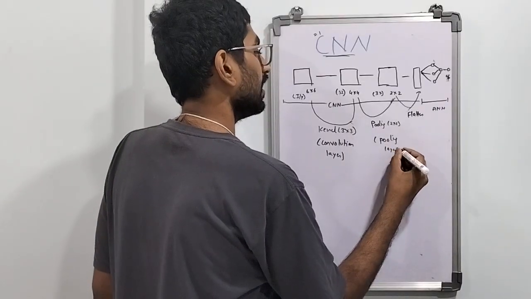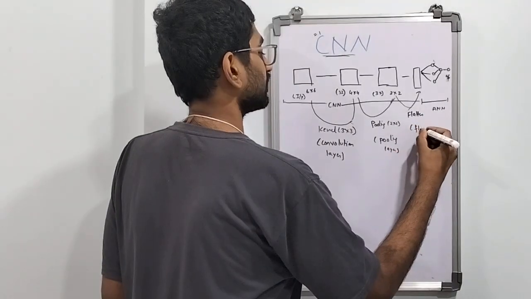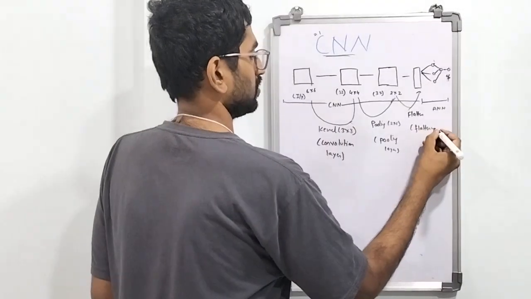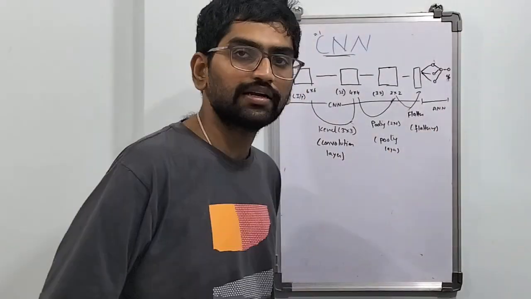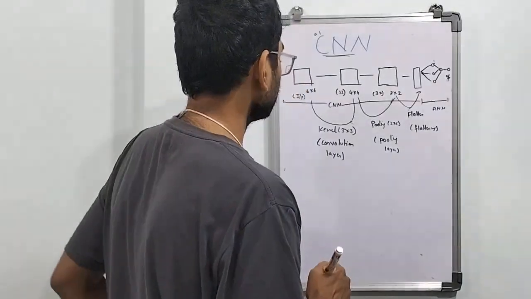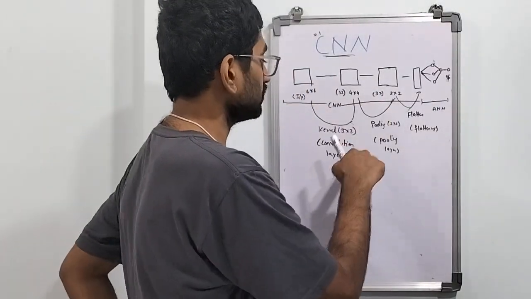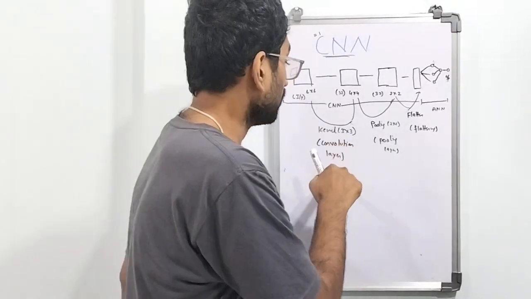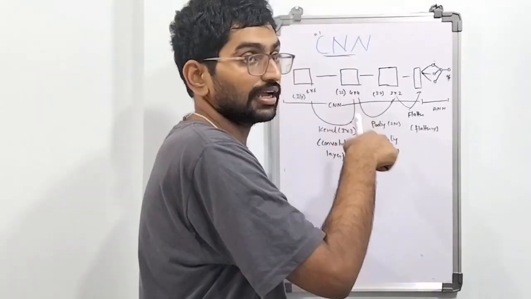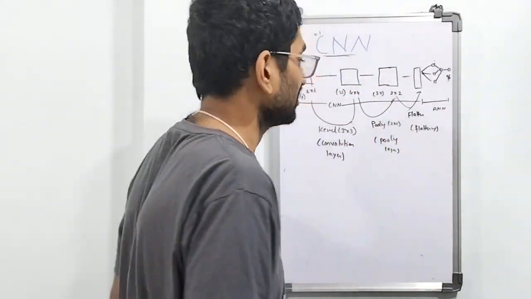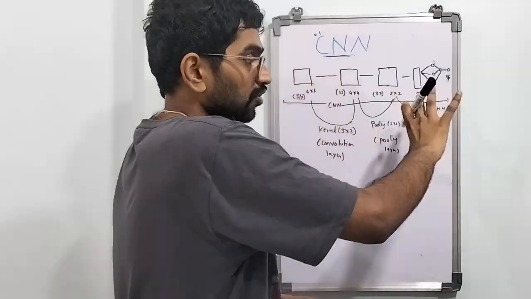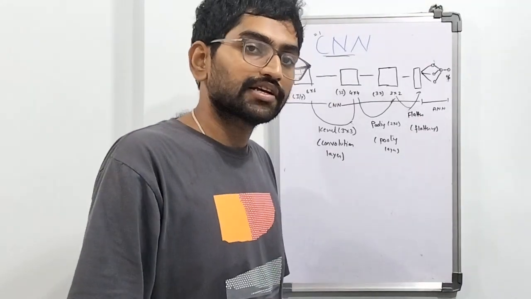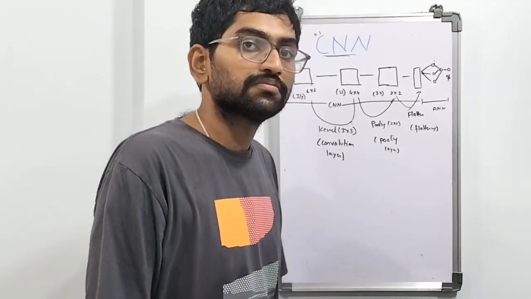And this layer is called flattening. Whenever you see this on the internet, you understand that convolution means the kernel technique was used, pooling means either max pooling or average pooling was done, and then flattening. So this is the particular flow.